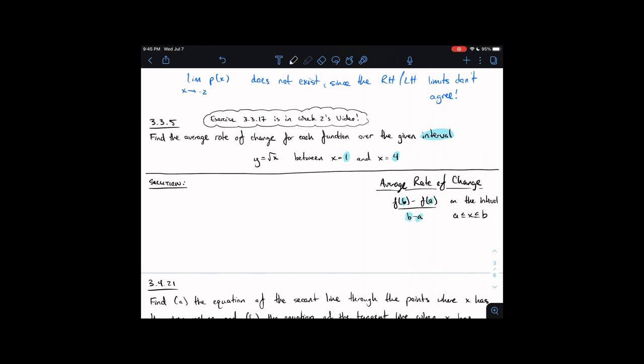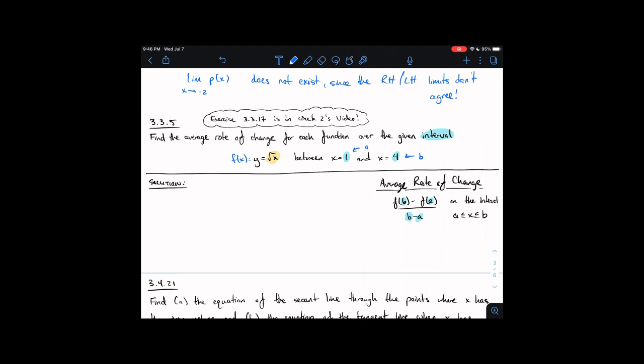And then our function, so our f, if you will, is the square root of x. So all we do is say, well, we want the function evaluated at b, so square root is the function, and b is 4. So this is b, this is a, and this is f of x.